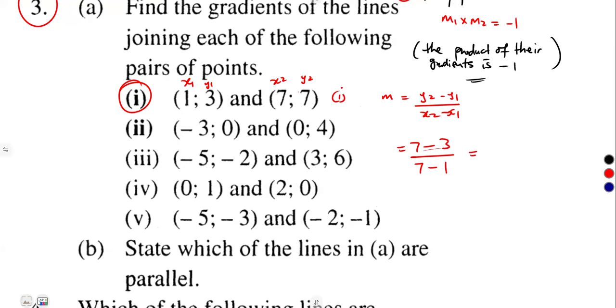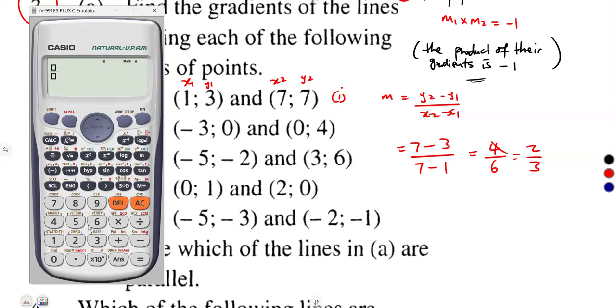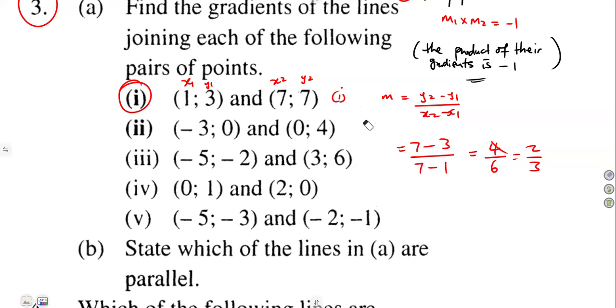So 7 minus 3 gives us 4 over 6. Divide by 2, that's 2 over 3. Verify and see: 7 minus 3 over 7 minus 1 is 2 over 3. So for the first one, the gradient was 2 over 3.